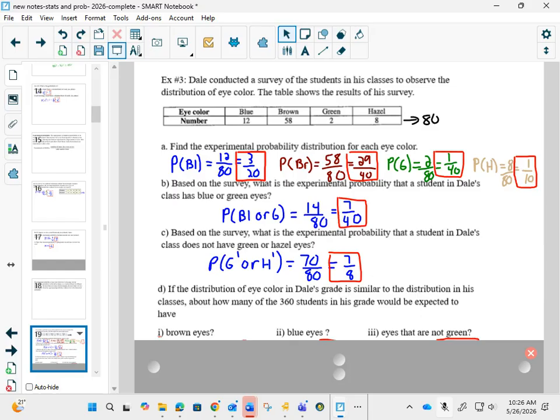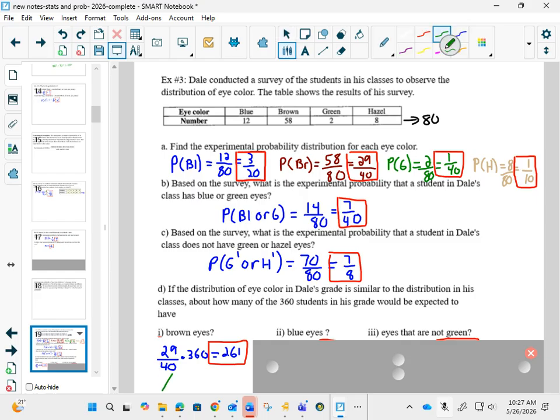I type into my calculator 58 divided by 80. That is 72.5% of the class. So if I do 72.5% of 360, this is like our percentages unit, a percentage of something you multiply, you would expect 261 of the students to have brown eyes. So again, this is percentage of 360.